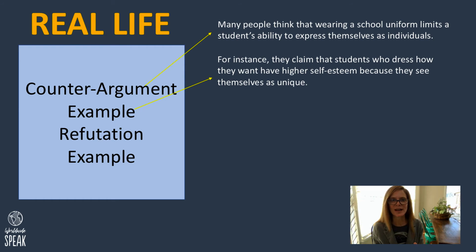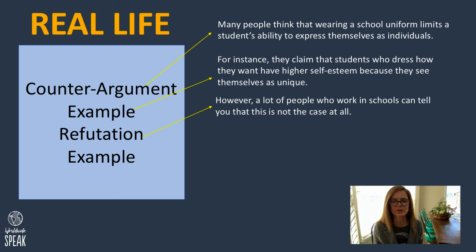So I've showed that people who research have said that students who can be who they want to be have higher self-esteem. Now, your job in your paper is to refute that point of view. You need to come back and show that that's not true.